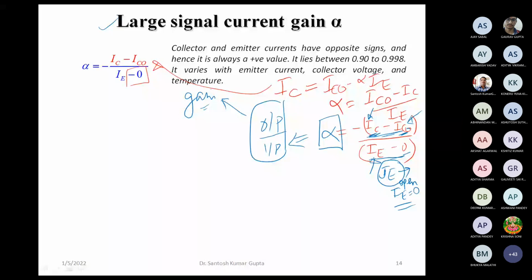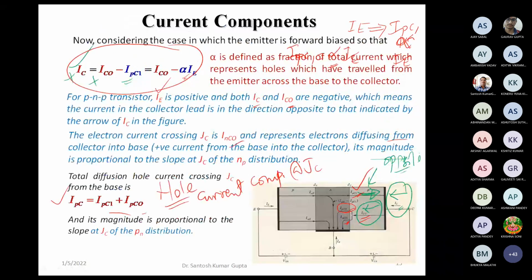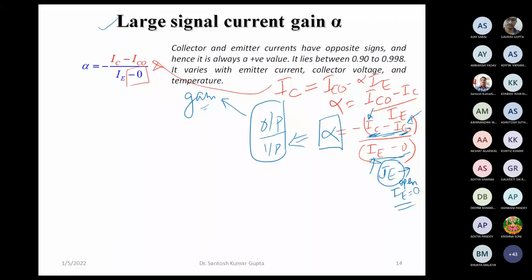So alpha is also called the large signal current gain. Initially, while discussing, we tried to define alpha as the fraction of the emitter current being collected by the collector. But this can also be defined as the large signal current gain, alpha factor, and its value ranges from 0.9 to 0.998.